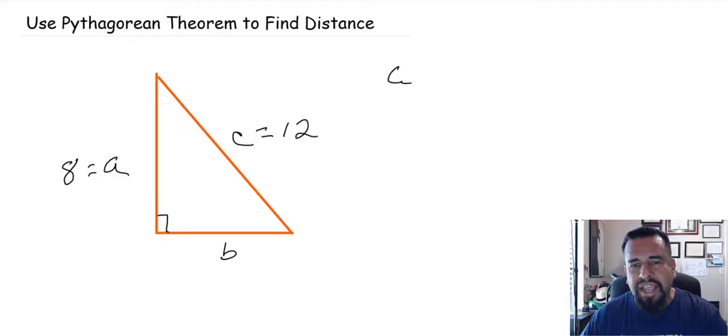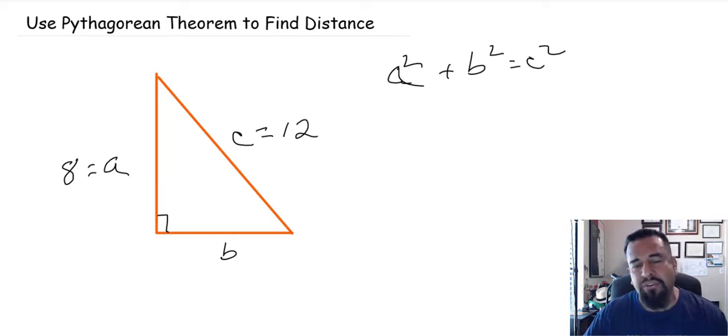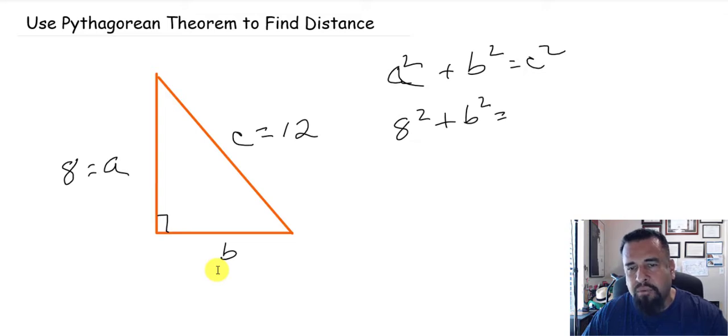All right, so we've got a squared plus b squared equals c squared. Notice this time they gave me c, so I'm not finding the hypotenuse this time. I'm solving for b. So let's plug the values in. Here we have 8 squared plus b squared equals 12 squared.